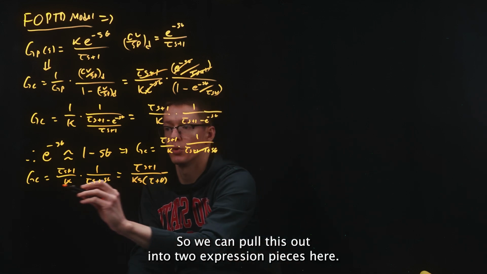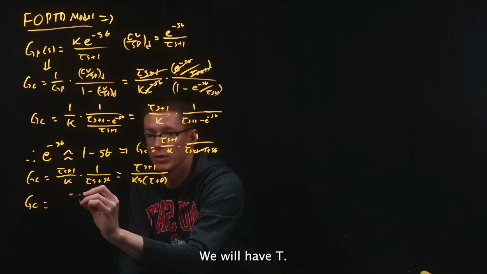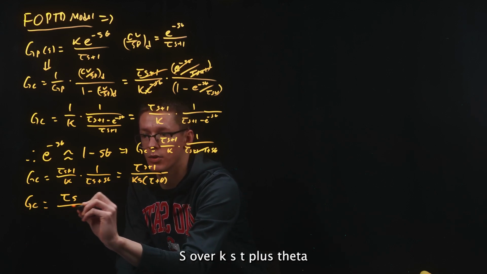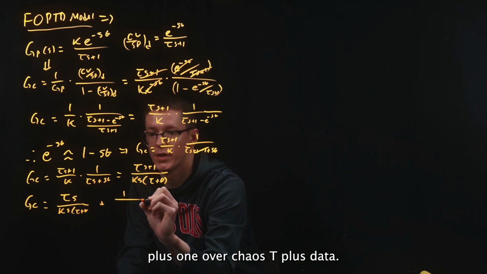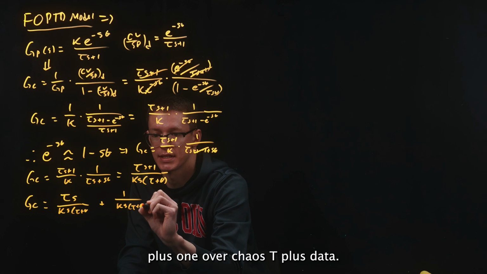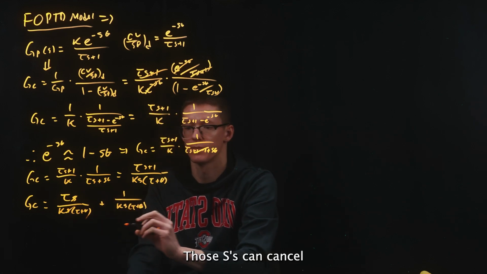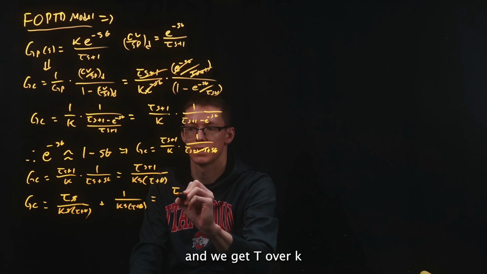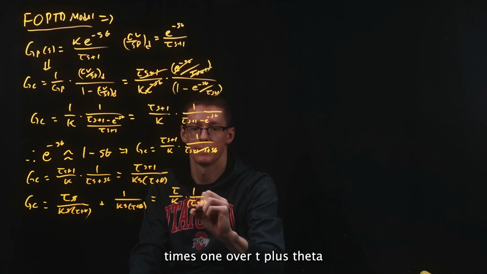So we can pull this out into two expressional pieces. Here, we will have Ts over Ks(T plus theta) plus 1 over Ks(T plus theta). Those s's can cancel, and we get T over K times 1 over (T plus theta).